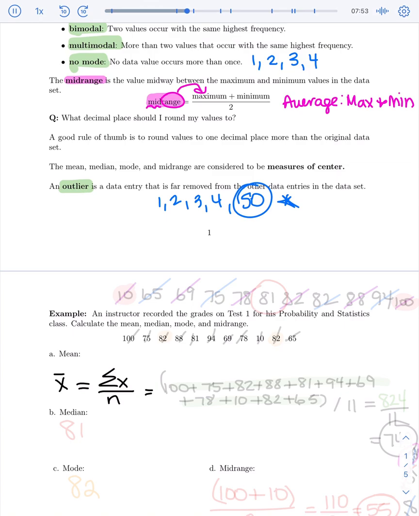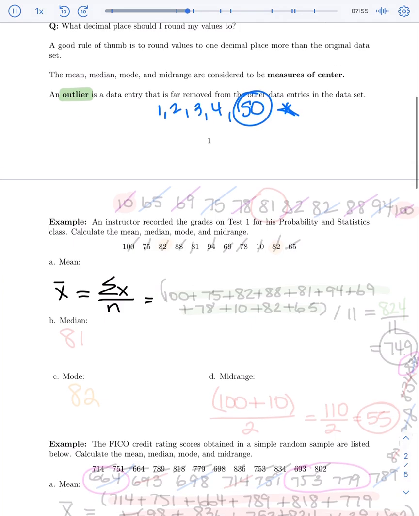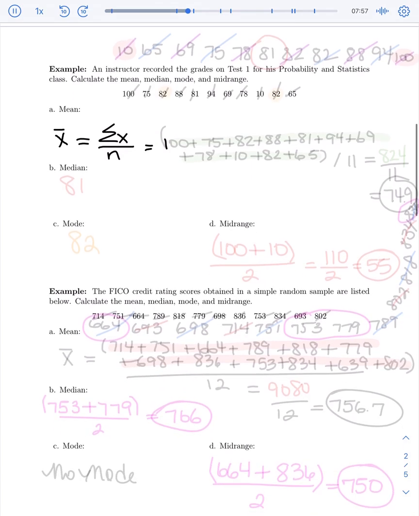So we'll add up the 100, the 75, the 82, the 88, the 81, the 94, the 69, the 78, the 10, the 82, and the 65. When we're all done with that, we'll divide by however many numbers there are, which is 1, 2, 3, 4, 5, 6, 7, 8, 9, 10, 11.